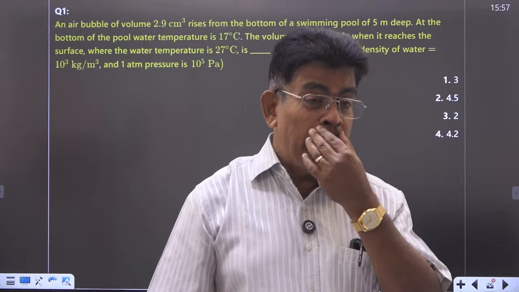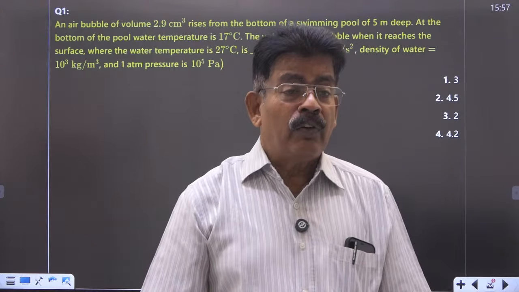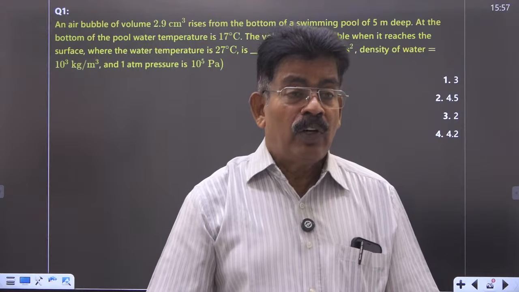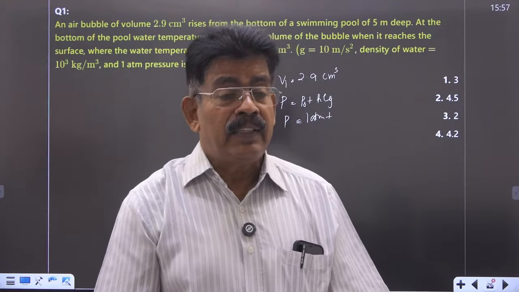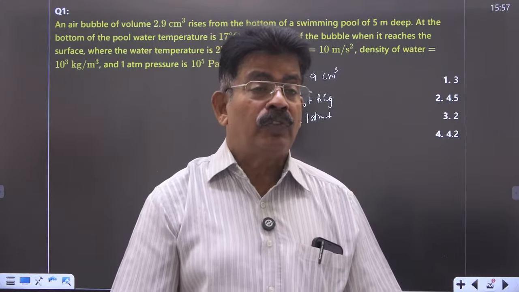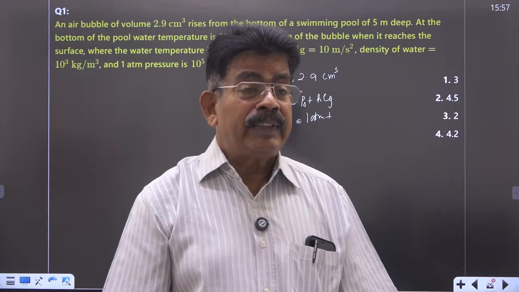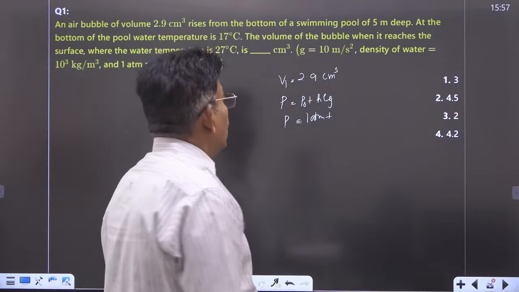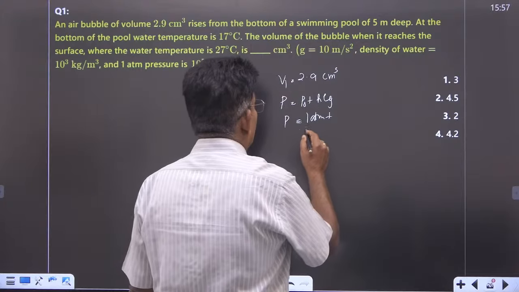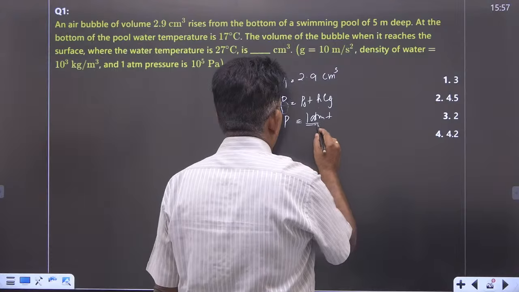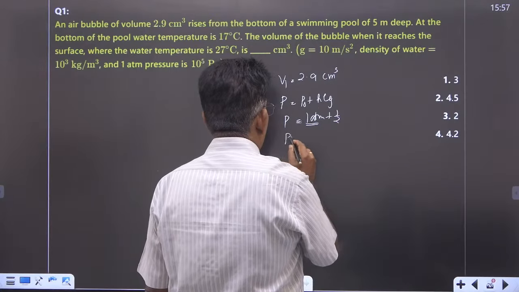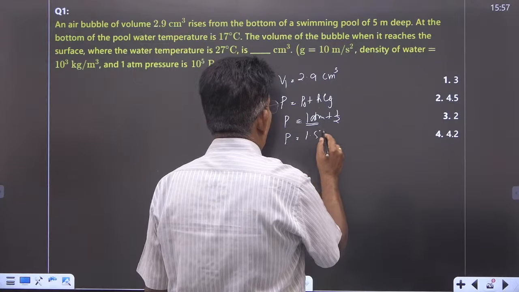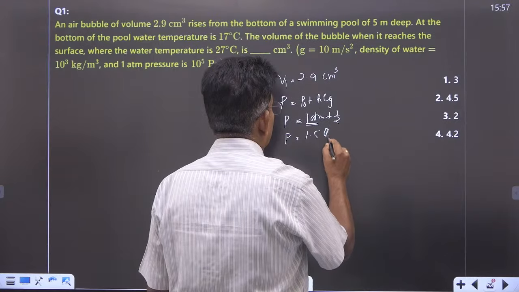For mercury, 76 centimeter of mercury will produce 1 atmosphere. But for water, we require 10 meter. Therefore, here we have 5 meter deep: 1 atmosphere due to the atmosphere plus half due to the hydrostatic liquid. Therefore, the pressure will be 1.5 atmospheric pressure.